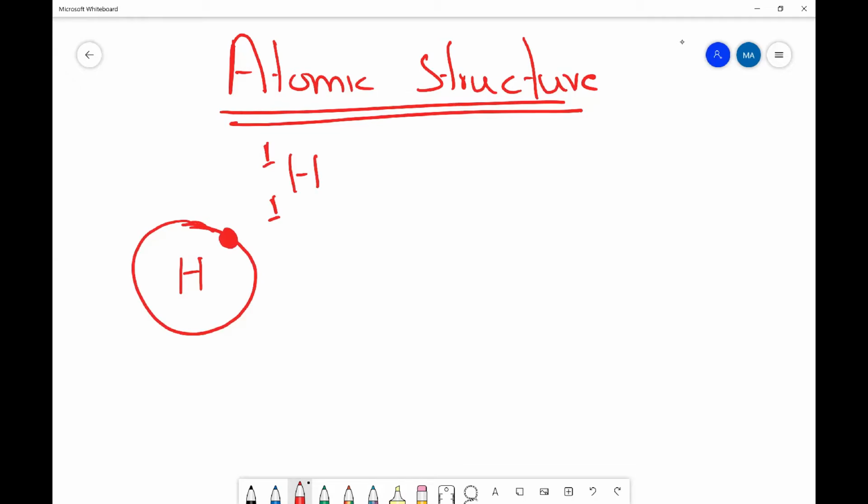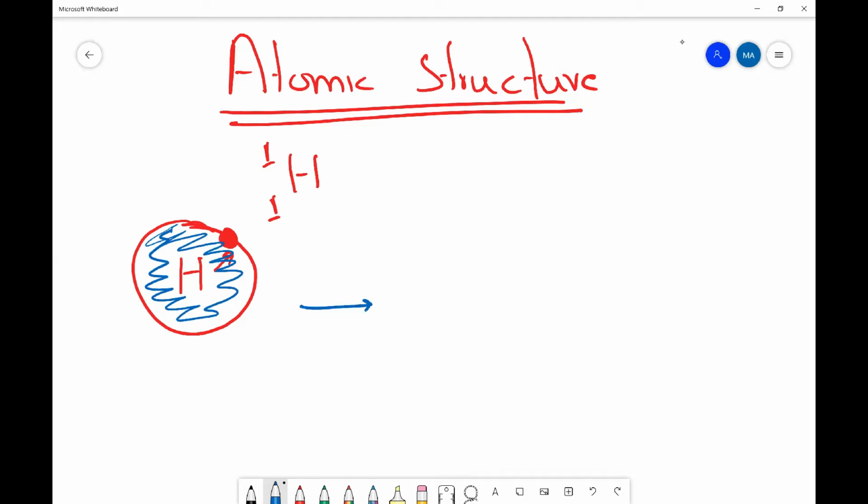Now this electron isn't technically on that shell. It's not necessary that the electron will be at this position. It could be anywhere. This electron could be found anywhere within this region. So in an atom, you look at the probability of finding the electron in a particular region.